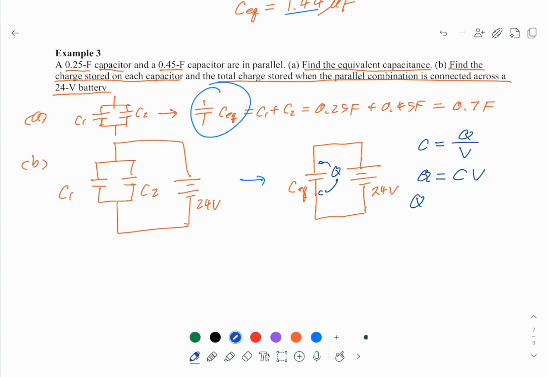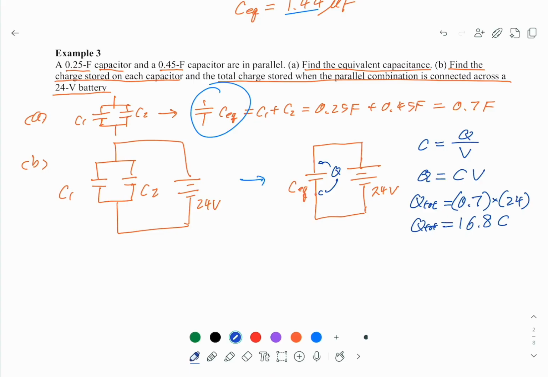Now this Q is the total charge. 0.7 Farad times 24, so you will get 16.8 coulombs of total charge stored in this equivalent capacitor.